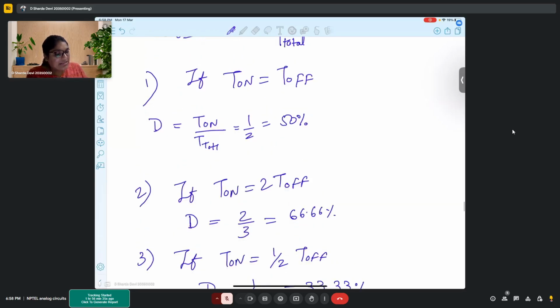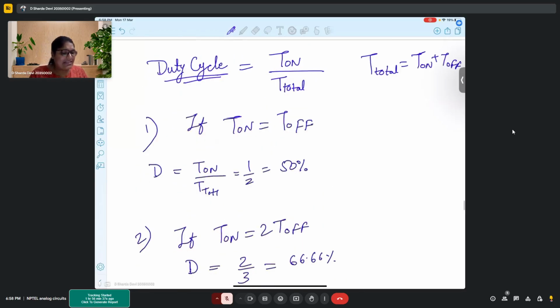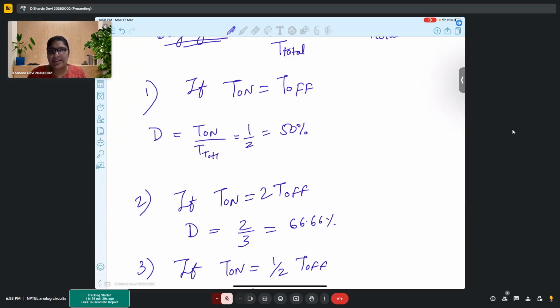Now, based on this changing duty cycle, this can be put to use in many ways. Where you want your on time and off time in similar fashion, there you can use 50% duty cycle. If you want your signal to stay on for a longer period of time, you can use higher duty cycle, more than 50%.